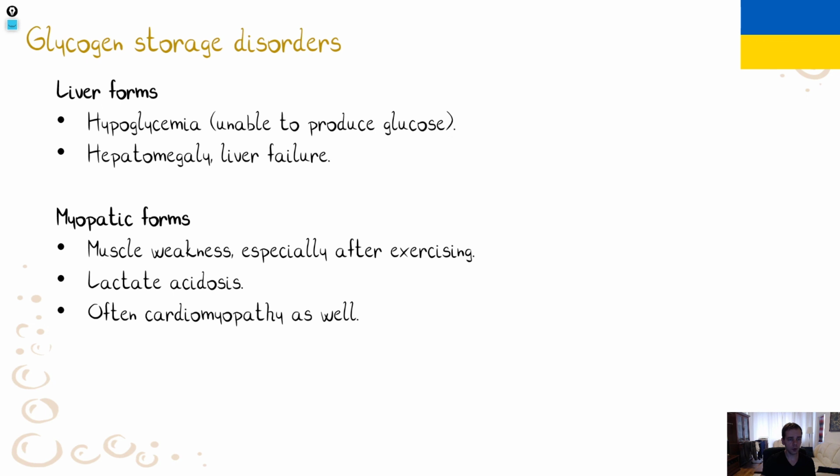The myopathic forms manifest usually by muscle weakness, especially after exercising, and by lactate acidosis. The heart is very often affected as well. So those patients are prone to cardiomyopathy as well, because this is striated muscle as well.